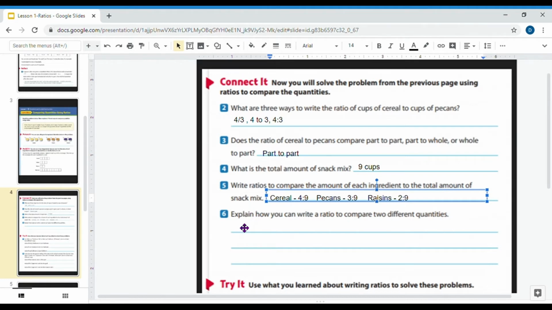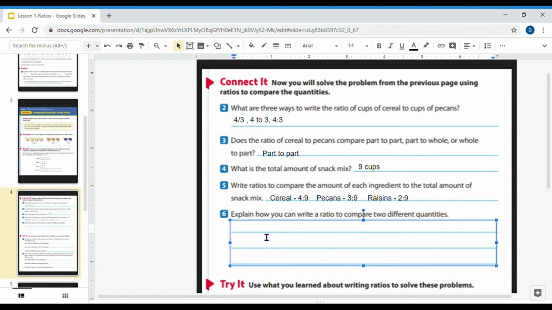And then number 6, explain how you can write a ratio to compare 2 different quantities. This is extremely important. You need to remember that the number that is written first is the number that you write down first. So how I can write this is, I determine the first number they want me to compare and write it down.